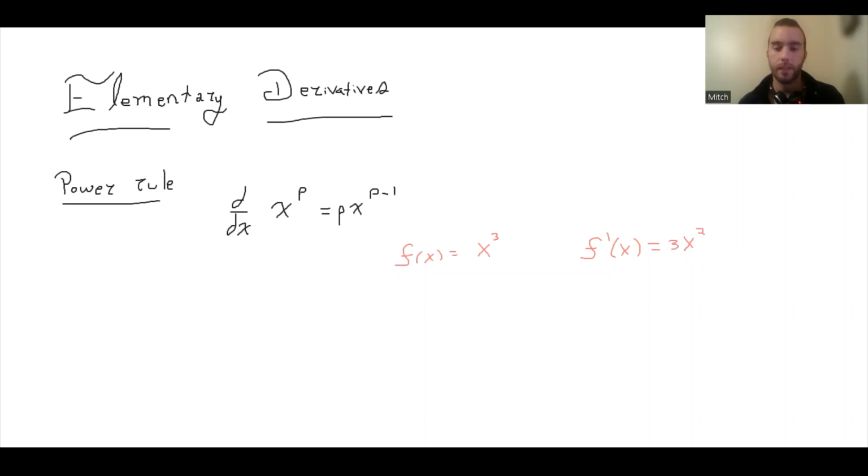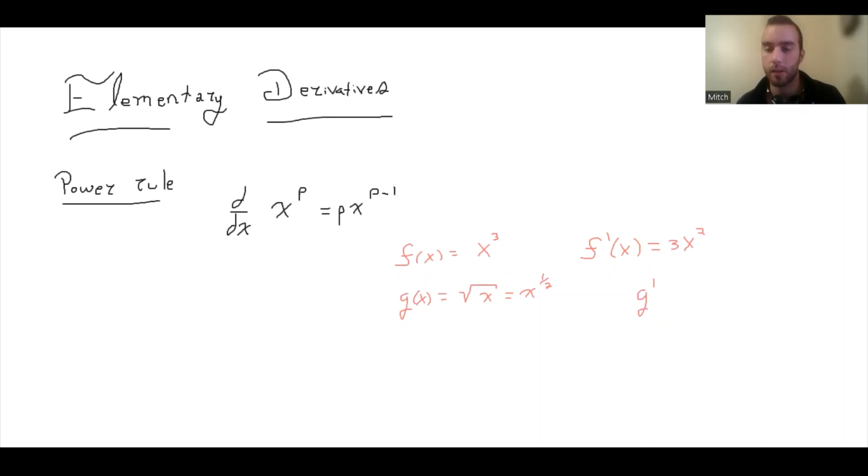This also works if we have a square root. If we have g of x is the square root of x, remember that square roots, or any type of root, is just an exponential where the root we're taking is in the denominator of the exponent. So this is x to the 1/2. When we take its derivative, we're doing the exact same thing.